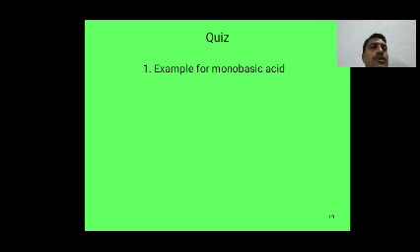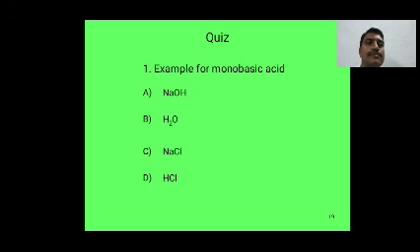Example for a monobasic acid: a substance that dissociates in aqueous solution to produce one hydronium ion per molecule. Options: A, sodium hydroxide; B, H2O; C, NaCl; D, HCl. HCl is completely ionized and produces one H plus ion, so it is a monobasic acid.